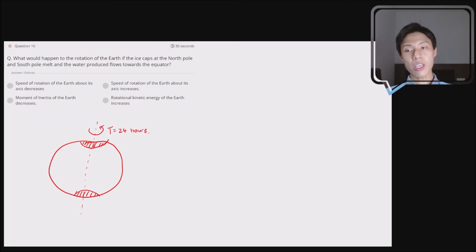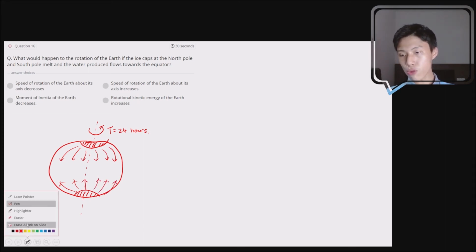Okay, now if the ice cap melts, then that means that these masses over here will be going towards the equator. Previously it was at the pole, but now it has progressed towards the equator.